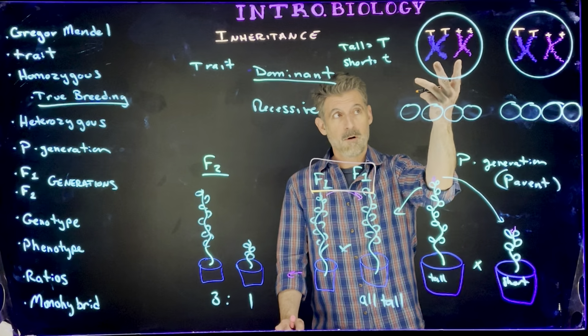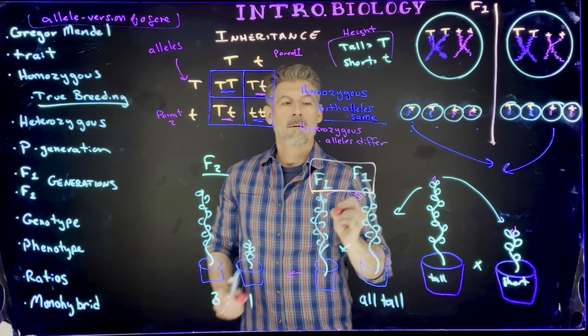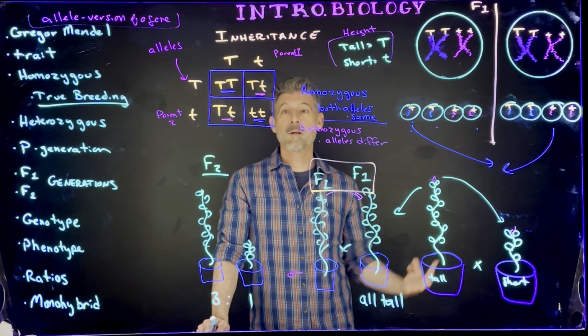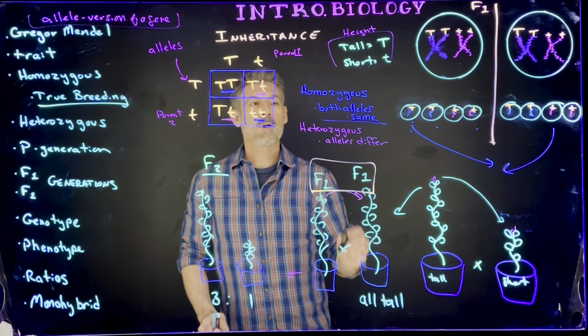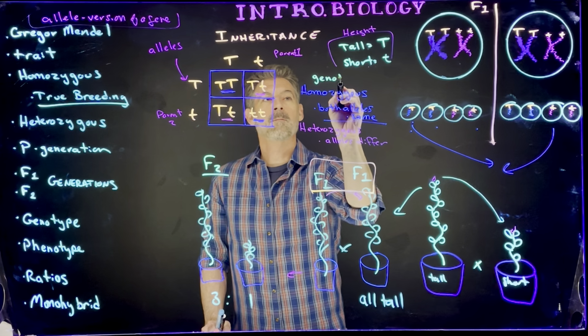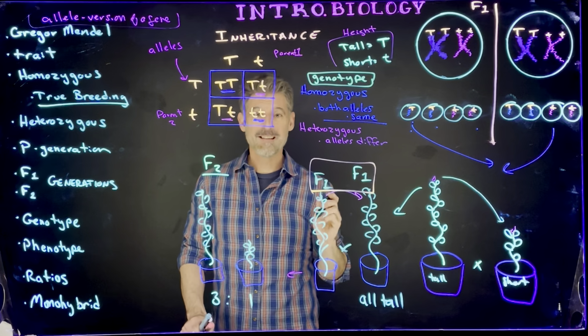When the two alleles are different, that's called heterozygous. Sorry about the squeaking. The alleles differ. So you have one of each, one dominant, one recessive. When we're talking about that and using those terms, we are talking about what is called the genotype, because we're talking about the alleles themselves.